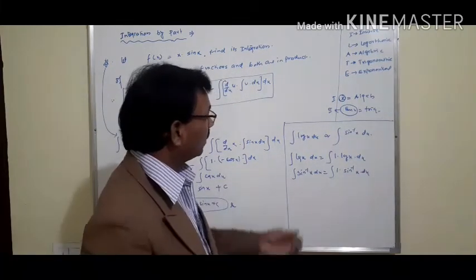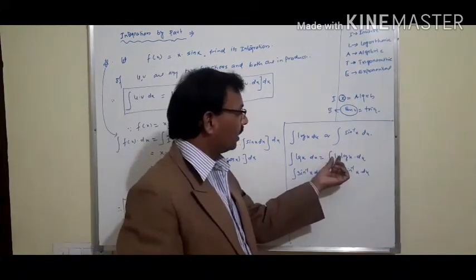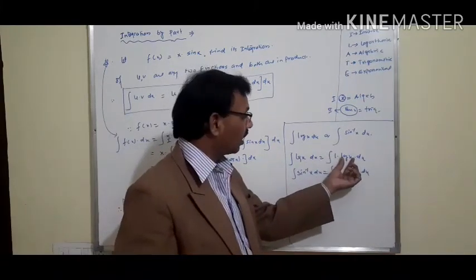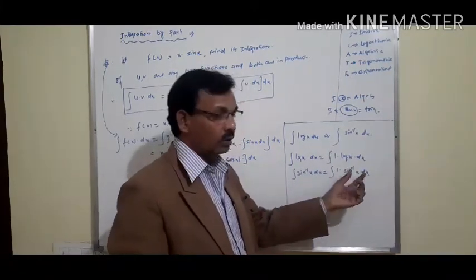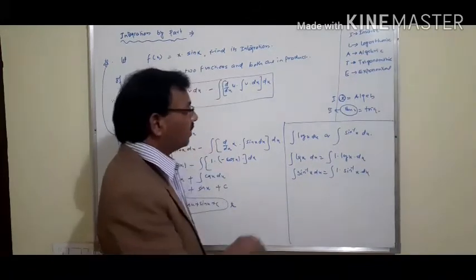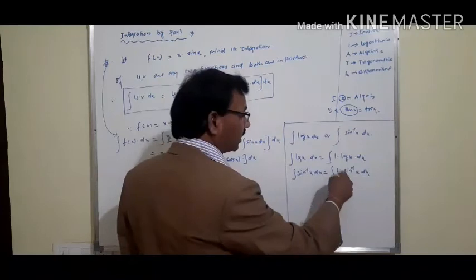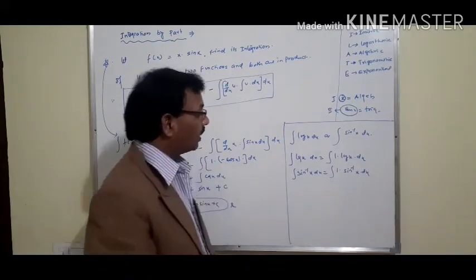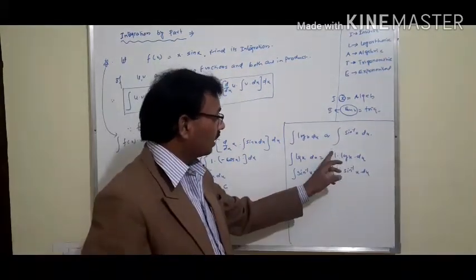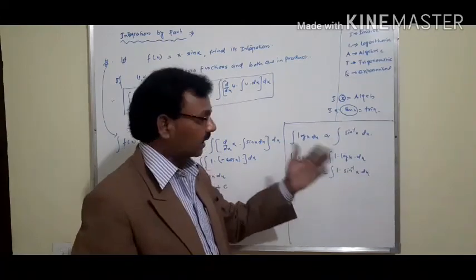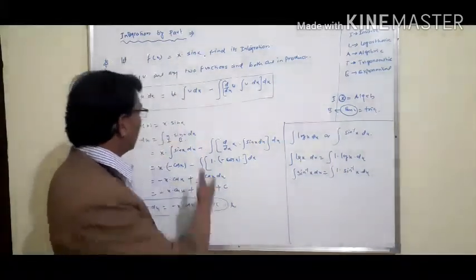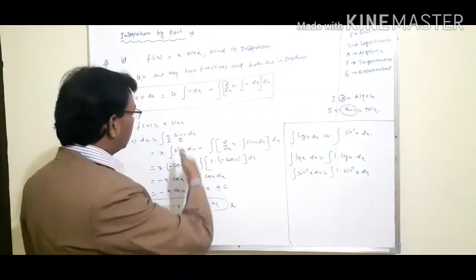In both situations, 1 should always be the second function and log of x or sine inverse x should always be the first function. That means you should always consider log of x or an inverse function, sine inverse x, cos inverse x, tan inverse x, as the first function, and 1 as the second function. Then proceed as in the same question.